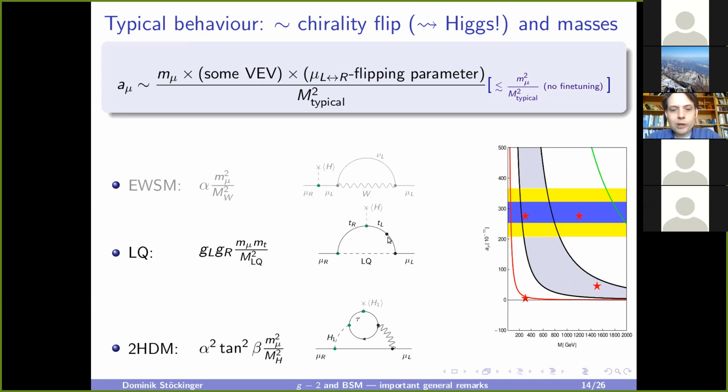The top becomes left-handed and couples to the left-handed muon. So here the chirality is flipped in this very indirect way by basically a product of leptoquark couplings to the left and the right-handed muon and the top quark chirality flip.